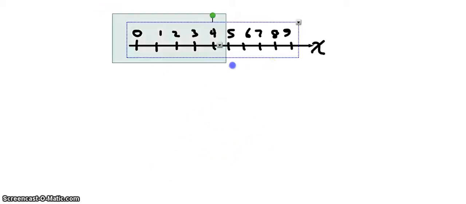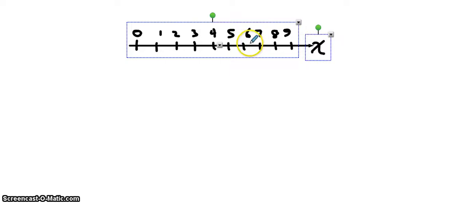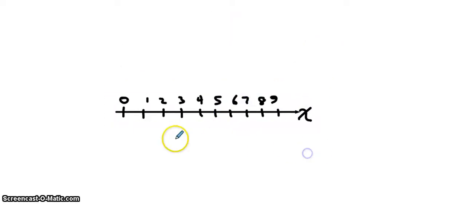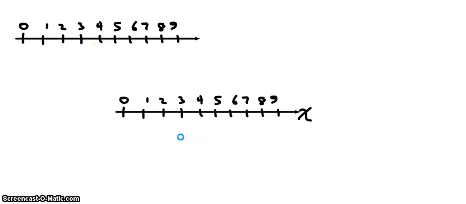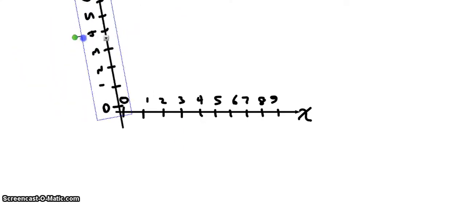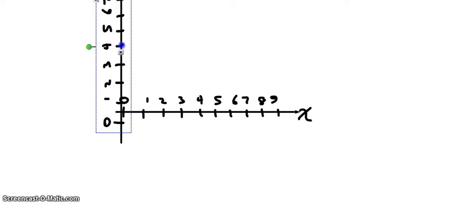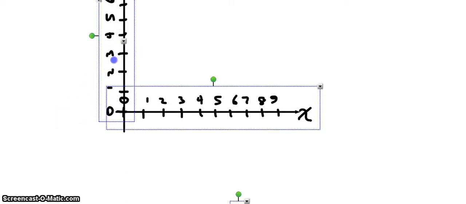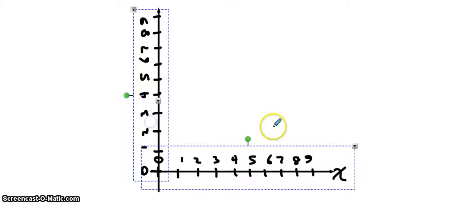And so what I'm going to do is, let's just go ahead and move this down here a little bit. And I'm going to go ahead and introduce my other line here. And I'm going to rotate this and then move it. And let's just go ahead and recenter everything a little bit. That looks a little bit better.